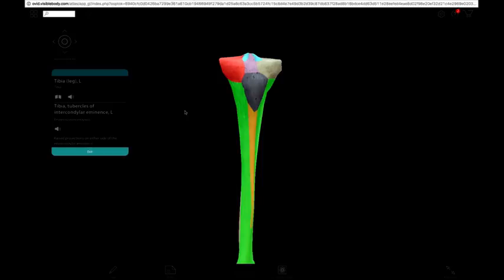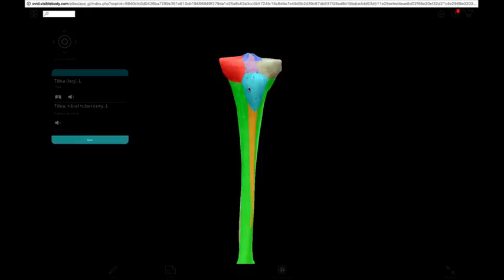Okay? That's how they're named. You might have heard of an ACL and PCL, anterior and posterior cruciate ligament, named for their attachment to the tibia. So how they're attached to the tibia, anterior, posterior, really gives them that name.